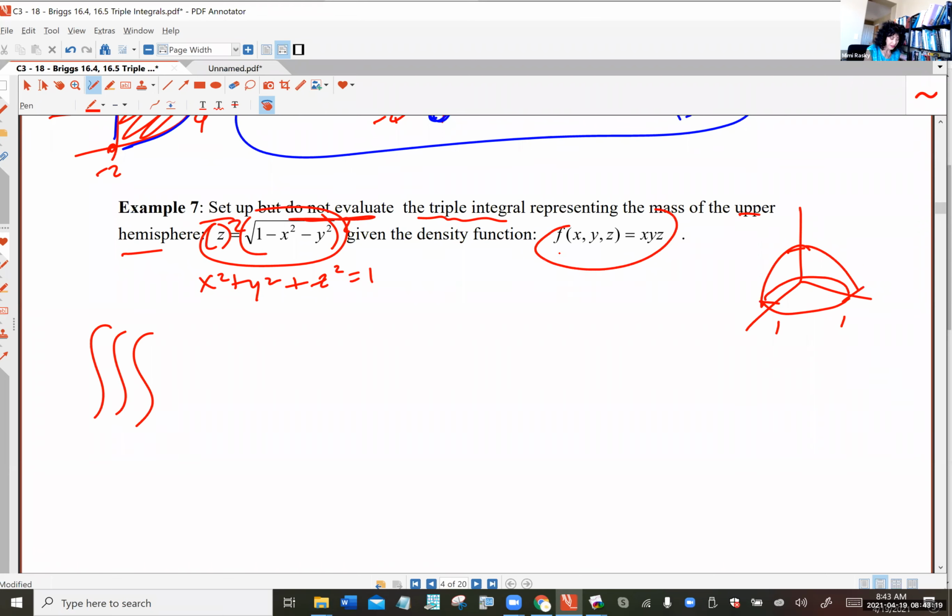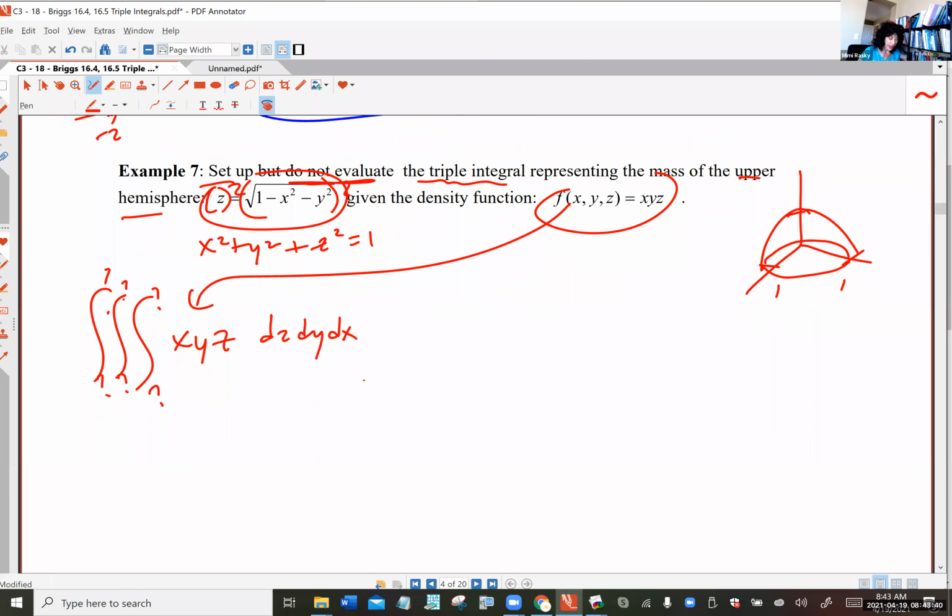Now here's the density function, which belongs in the integrand when you're finding the mass of a solid. So how do you iterate this integral, put limits on it? Well, my favorite order of integration for a rectangular triple integral is dz, dy, dx. And dz gives you the altitude change.